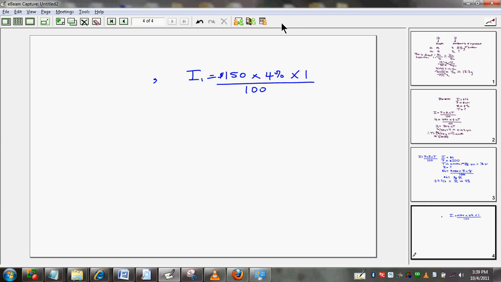Okay? When you work out that, what do you get? 6? 6, okay. So the interest would be $6. That is I1. The second case, which we'll call I2, the principal that he invested there was 180. The rate in this case was 3.5%.